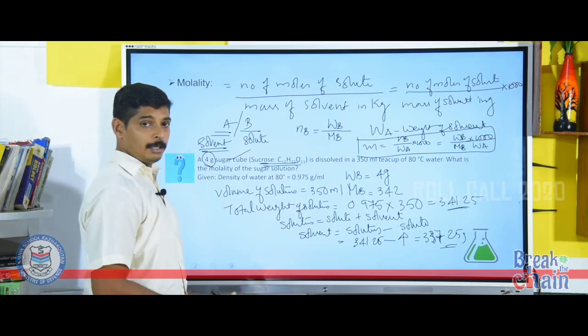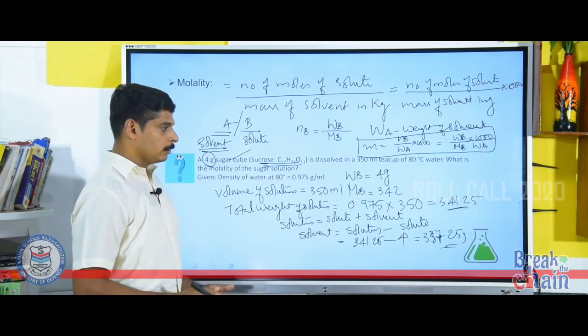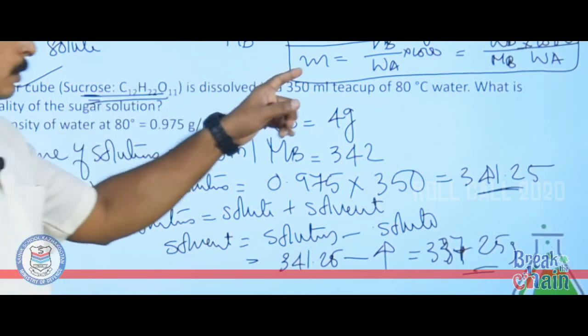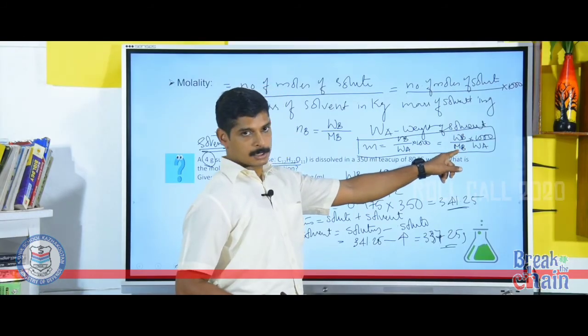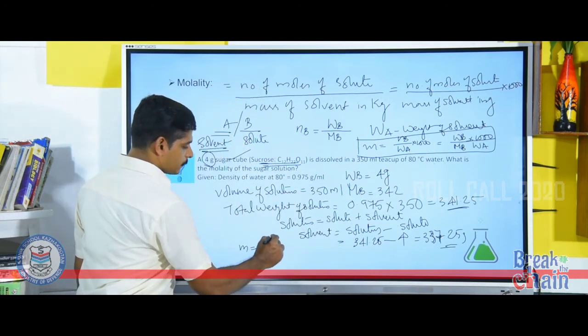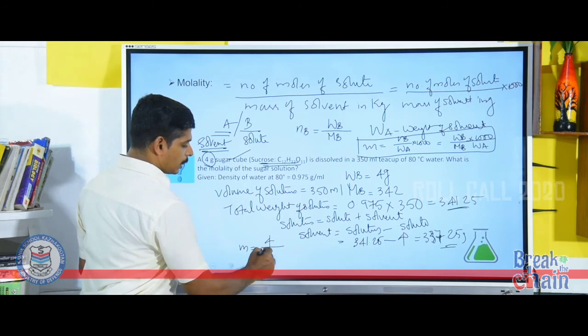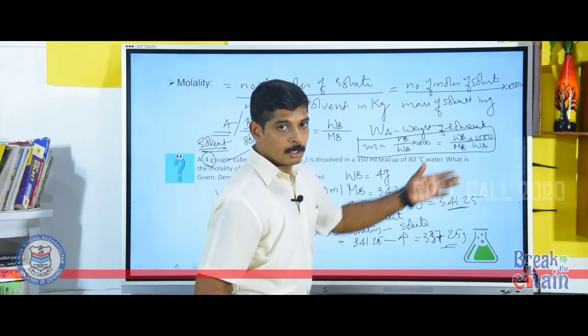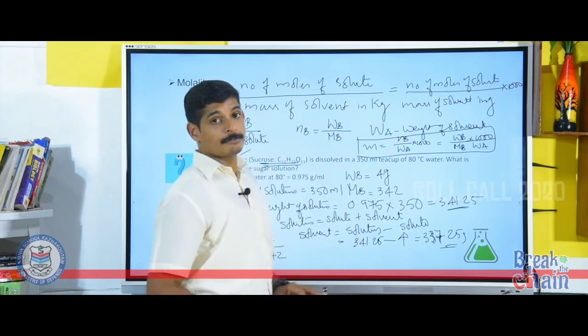Next, you have to find the molality. For that, you can substitute in the equation. Molality is equal to given mass divided by molar mass, that is 4 divided by 342, which is the number of moles, per kilogram of the solvent.